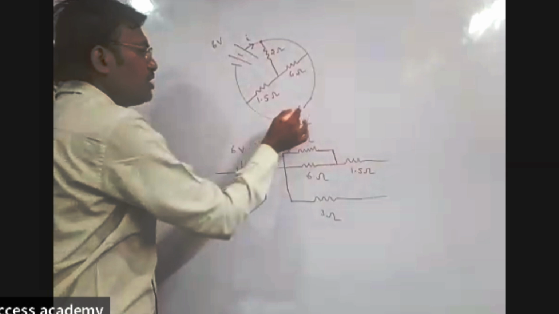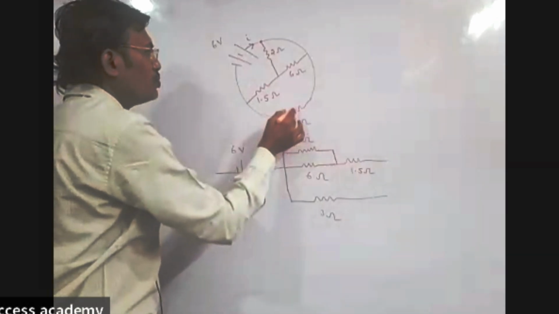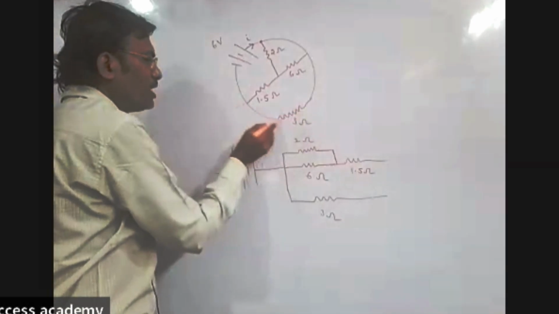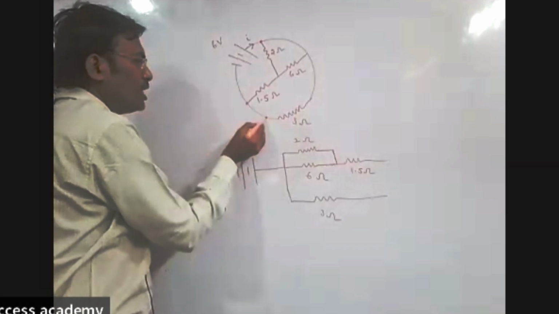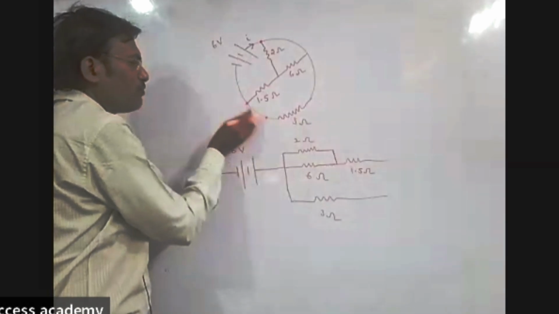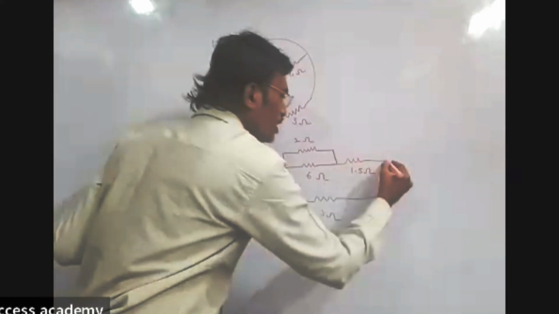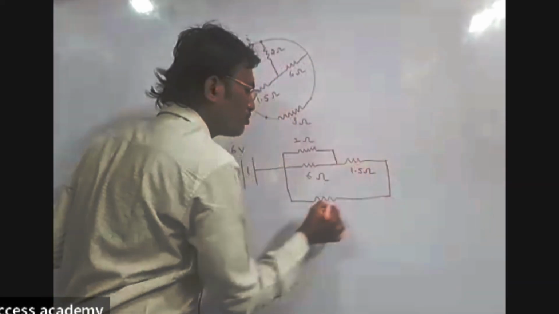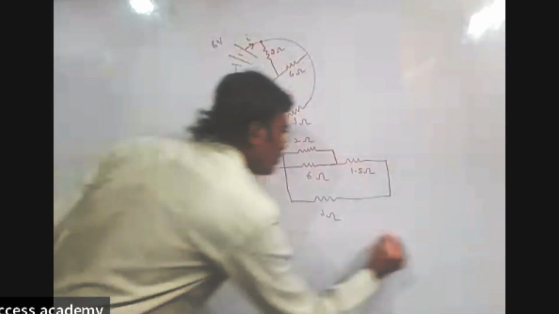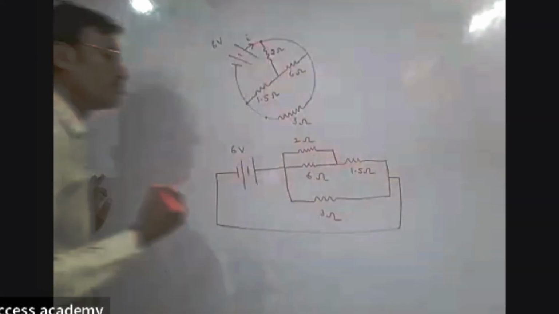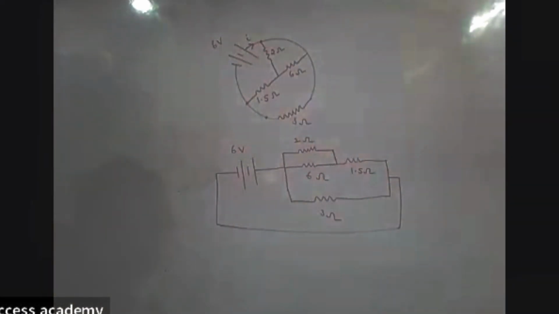Now this 3 ohm is directly connected to the 1.5 ohm. This 3 ohm as well as 1.5 are both connected, and the other end is connected to the negative terminal like this. This is the circuit.